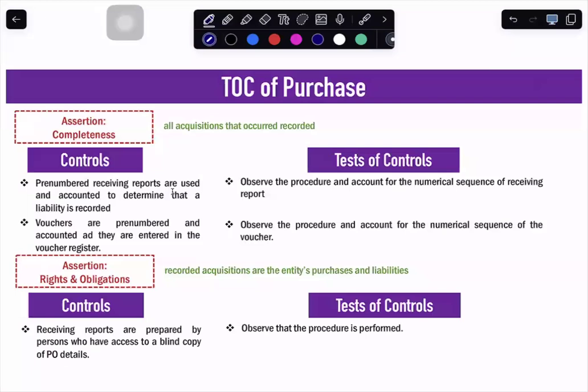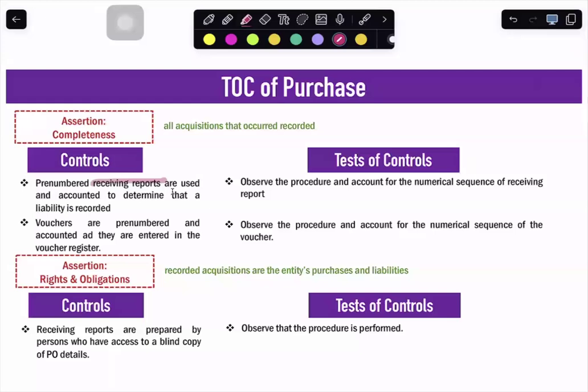Next assertion, completeness. When we say completeness assertion, all acquisitions that occurred are recorded. First control: pre-numbered receiving reports are used and accounted for to determine that a liability is recorded. As you all know, our receiving reports must be properly pre-numbered.